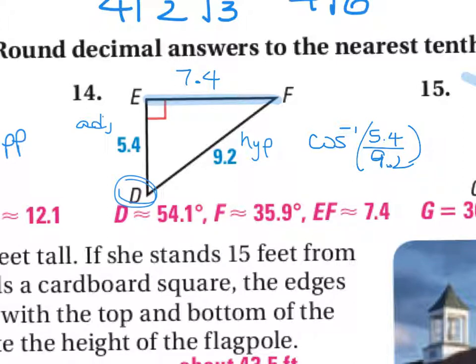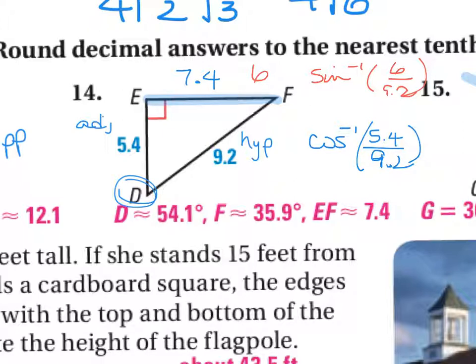But let's say we did Pythagorean theorem, and we got our answer for EF, and let's say we thought the correct answer was 6. And then let's say I did a trig ratio, and I used opposite and hypotenuse, and let's say I said, okay, I'm going to do sine to find angle D. And let's say I did 6 with the number I got and tried to divide it by 9.2.